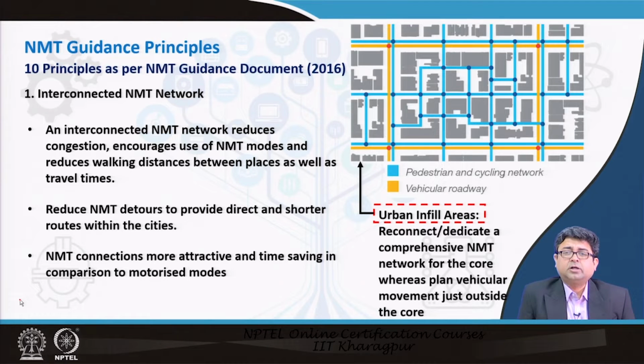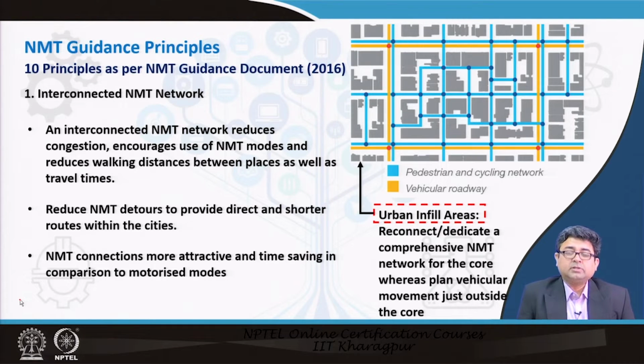For example, there is not a continuous sidewalk available from here to where I am trying to go, or the roads that are connected from my origin to my destination are not suitable for bicycling. So, what they are saying is that if you provide me a continuous interconnected network, then I would be more likely to walk or bicycle or use some other forms of non-motorized transport.